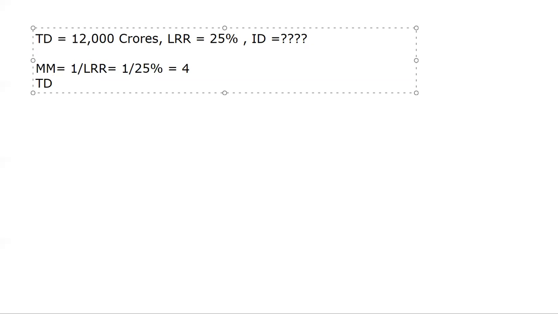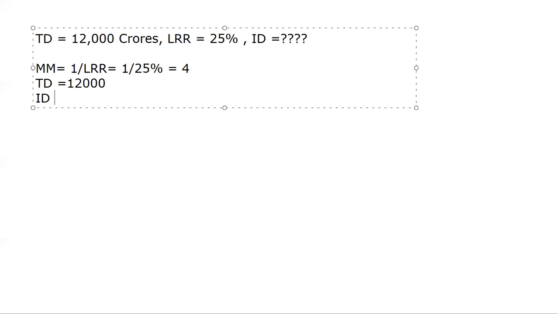Total deposits are equal to 12,000. So now we have to find out the initial deposits. So ID would be equal to total deposits upon money multiplier.